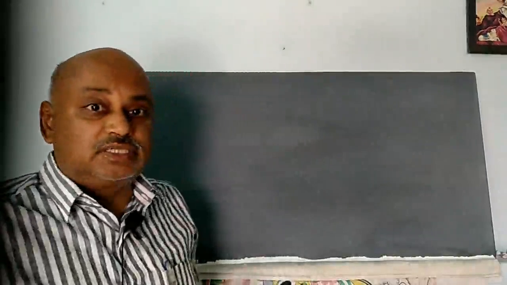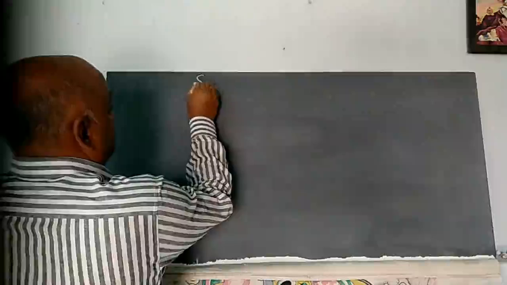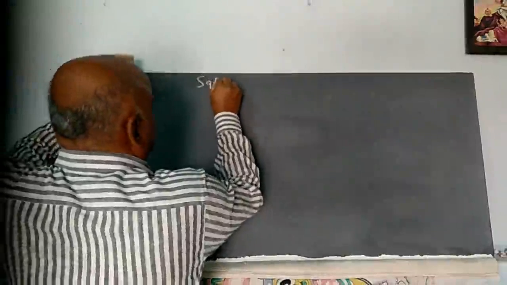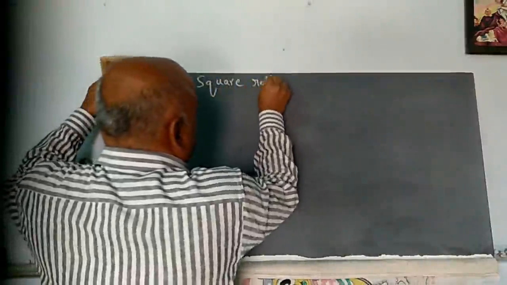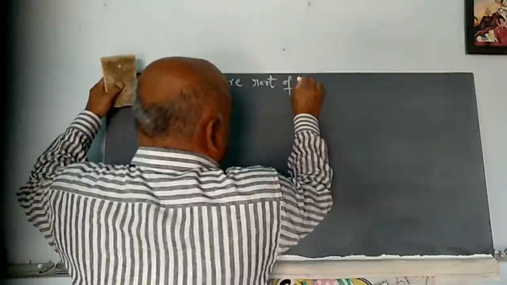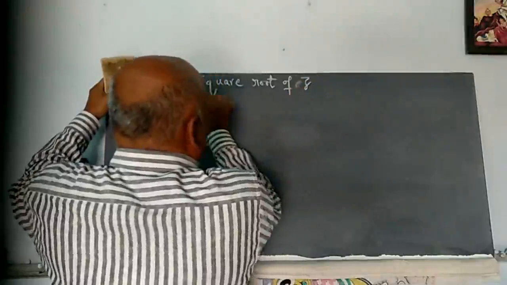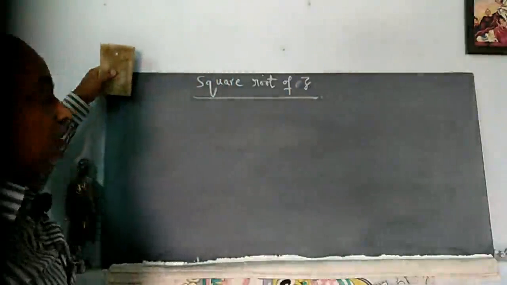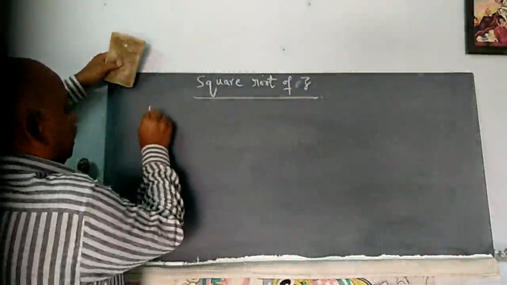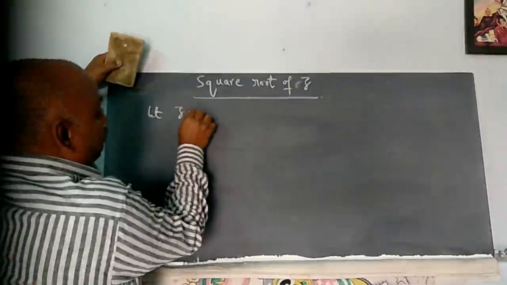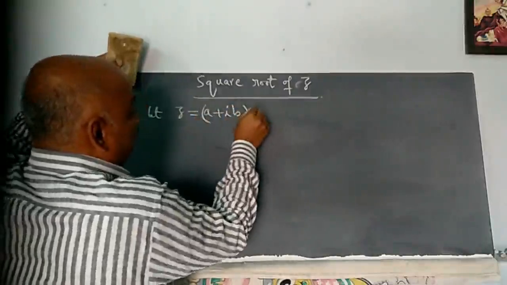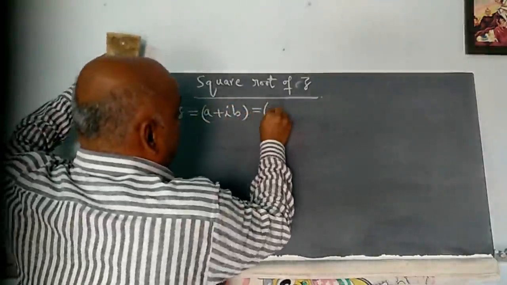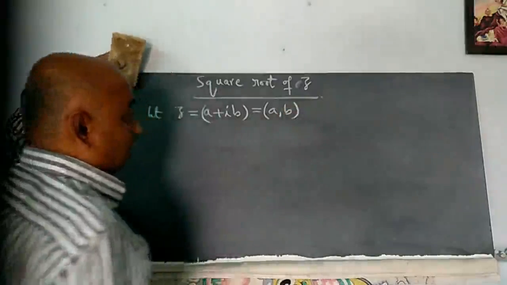In this, the first concept is square root of a complex number. Let z equal a plus ib, which is an ordered pair (a, b).